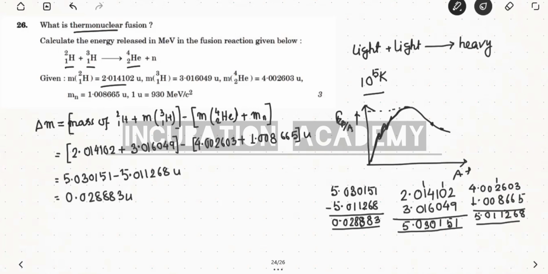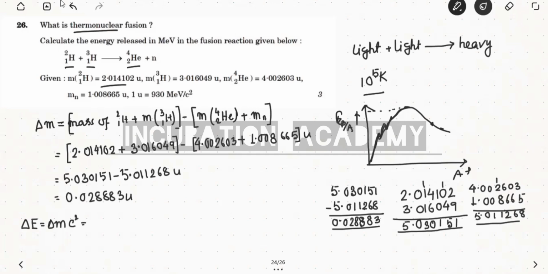So, binding energy, obviously E equal to mc square. Sorry, not binding energy, it is the energy released. So E equals delta m, the disappearance in mass, some mass has disappeared and converted into energy, times c square.